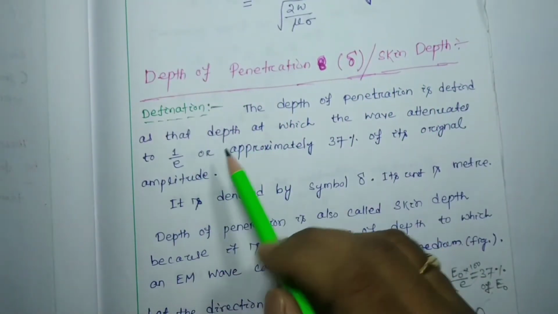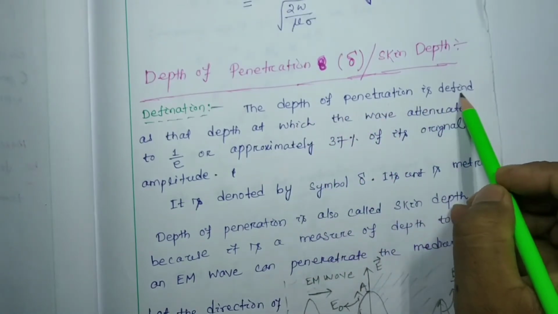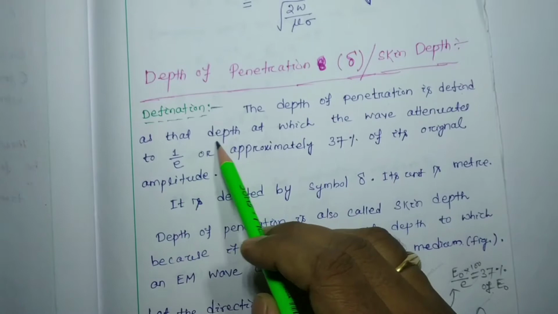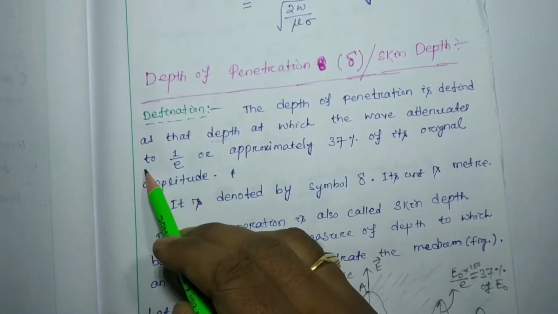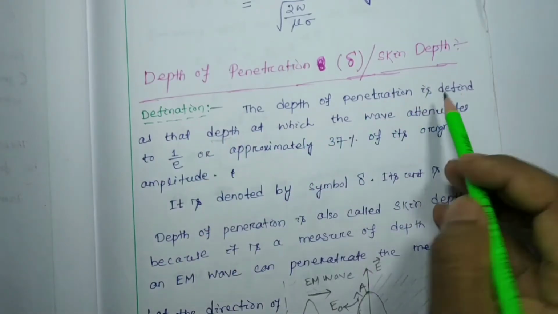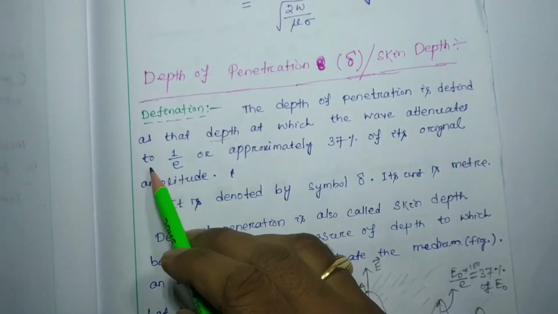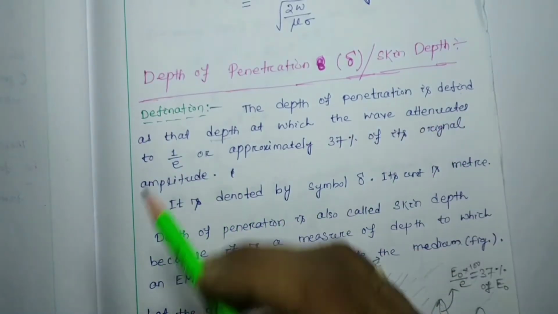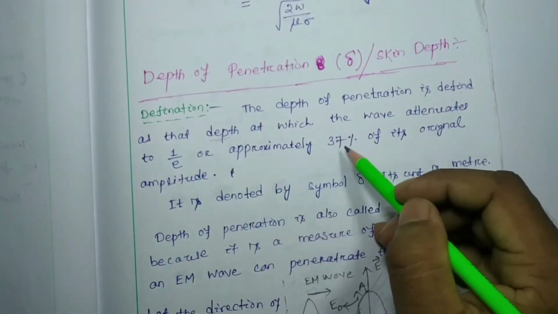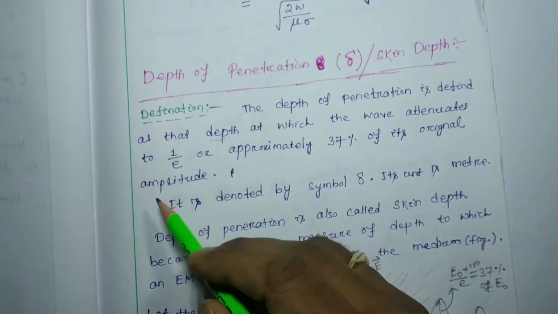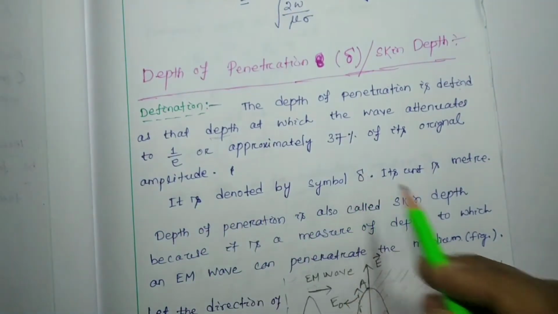The definition is: the depth of penetration is defined as that depth at which the wave attenuates, or is reduced, to 1 by e times, or approximately 37%, of its original amplitude. It is denoted by the symbol delta, and the unit is meter.